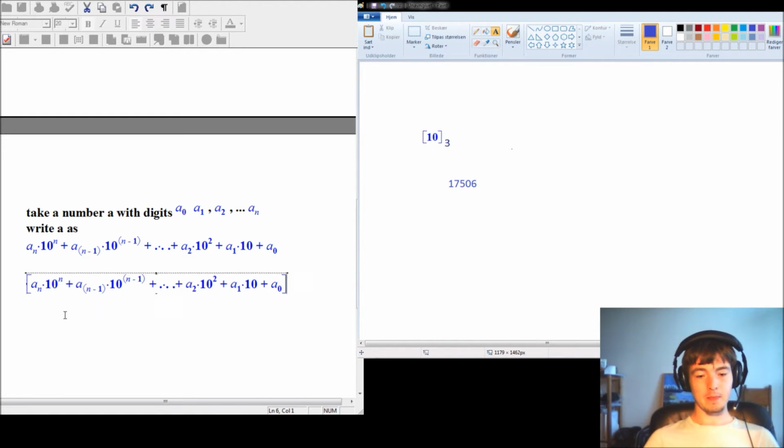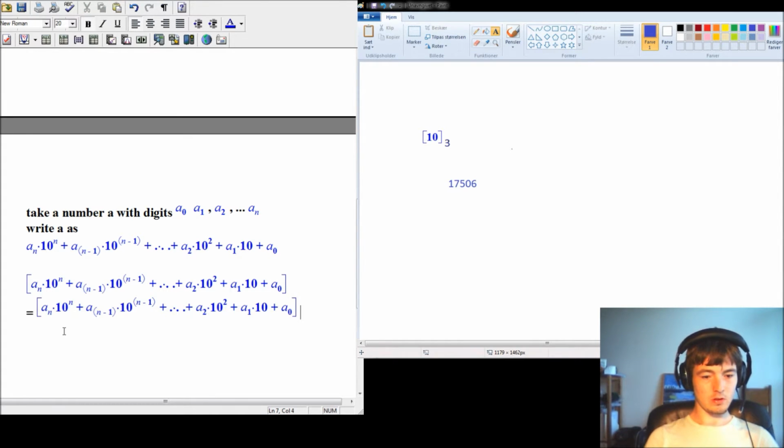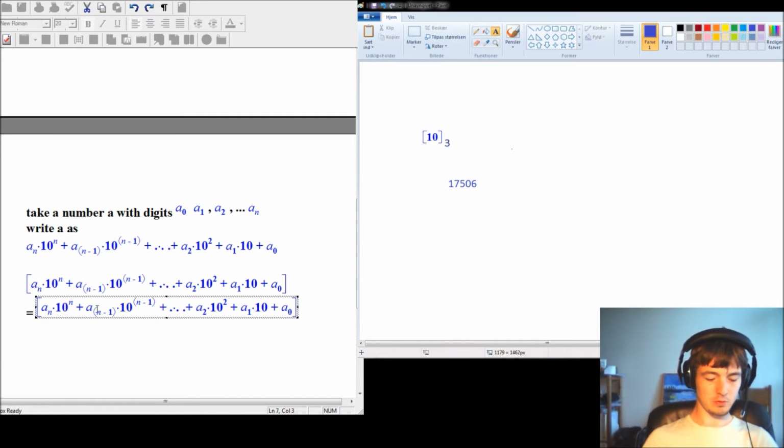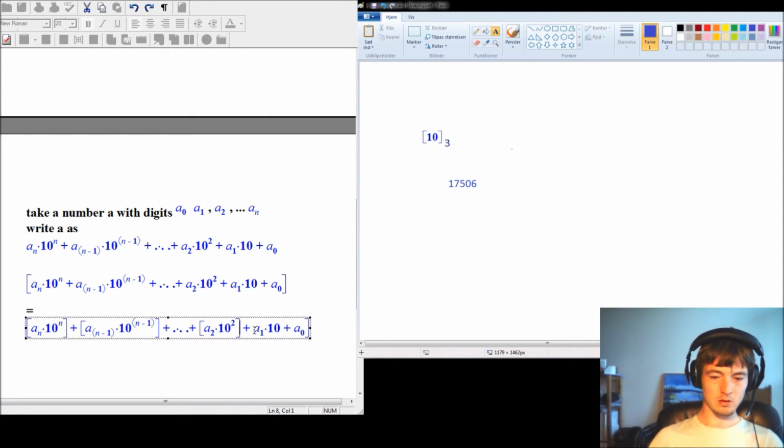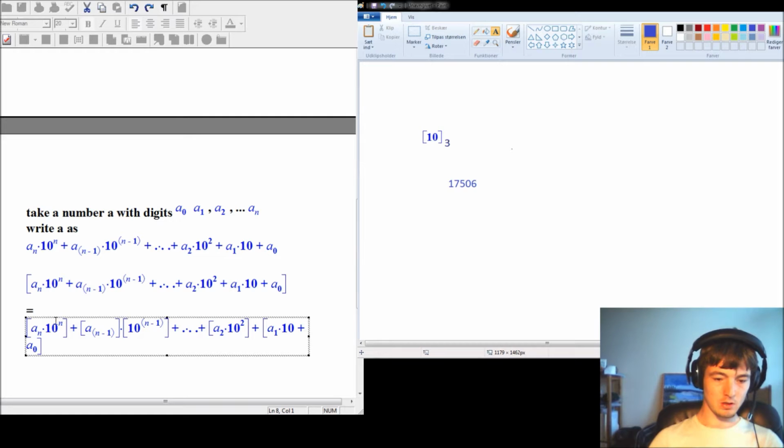But then I know I can do that whole splitting, putting the brackets in other places if I want to, so I'll do that. And actually, I'll put a few more brackets in. I'll put them in like this.